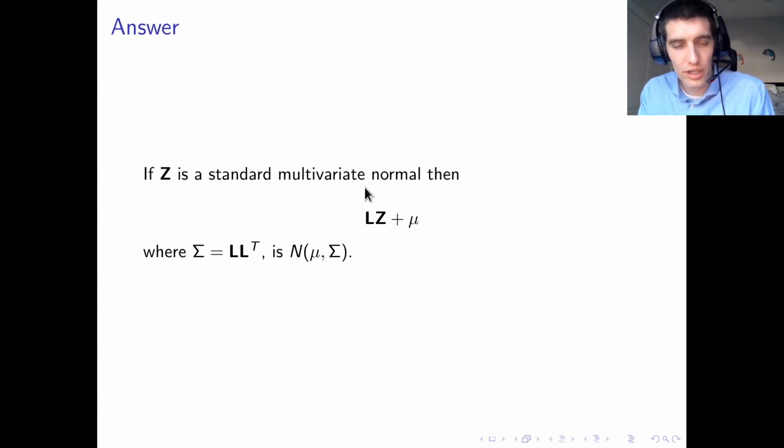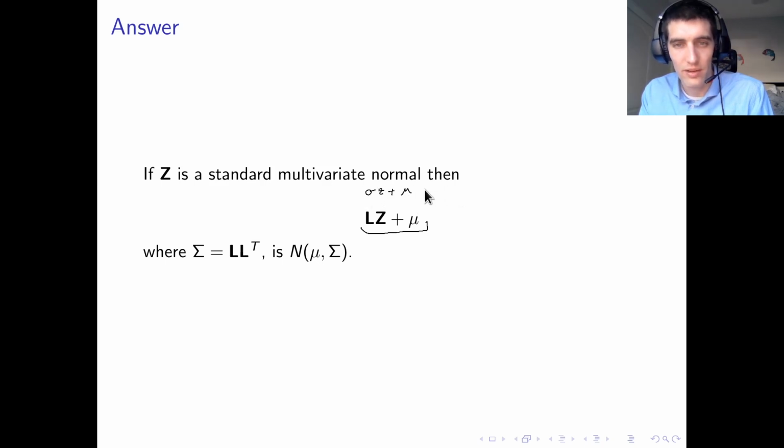So if Z is standard multivariate normal, then what we're going to do is take this transformation, which should look familiar. We're taking a mean 0 and adding a mean mu, and performing a transformation, multiplying by L. This is similar to the univariate, or scalar, setting where you do sigma Z plus mu.